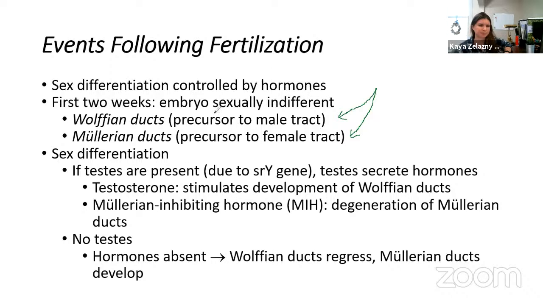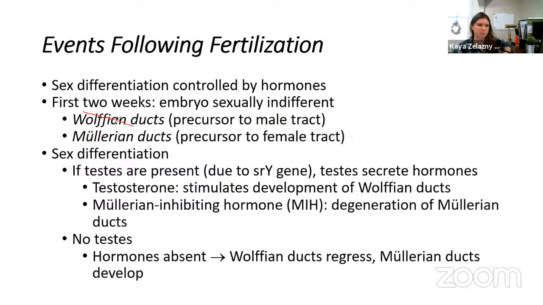If we're going down the male route, we need to make the Müllerian ducts degenerate so that we're only left with Wolffian ducts to produce a male reproductive tract. Or in females, we would need the opposite thing to happen.